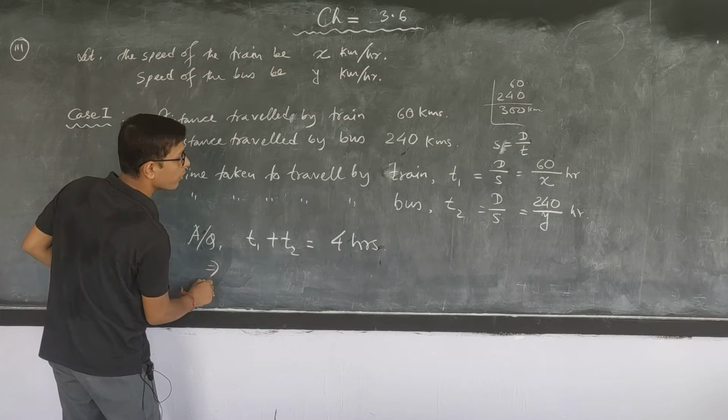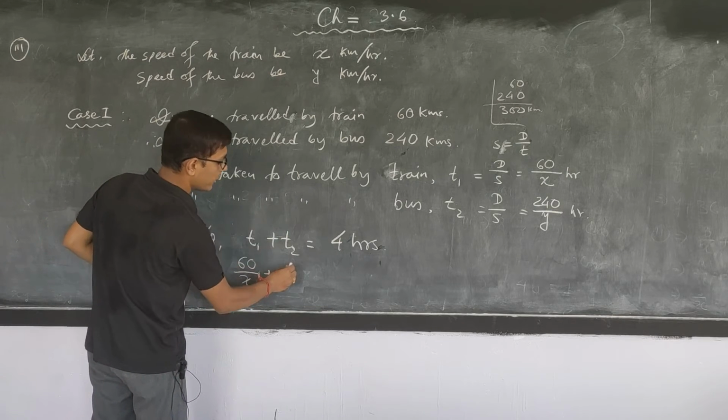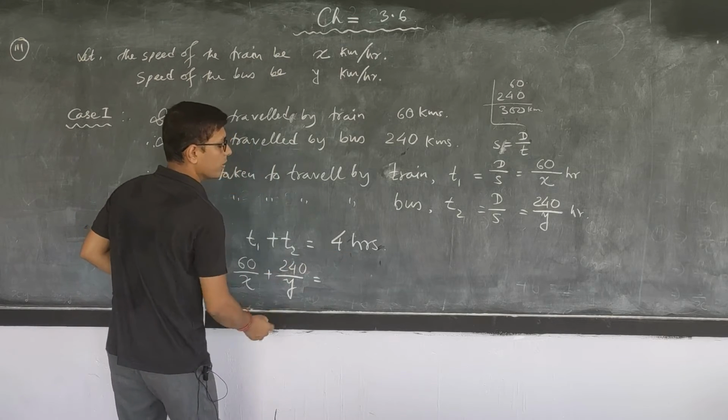So according to the question, T1 plus T2 equals 4 hours. T1 is 60 by x, and T2 is 240 by y, so 60 by x plus 240 by y is 4 hours.